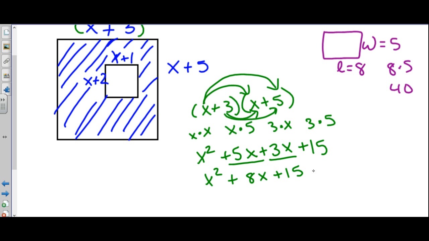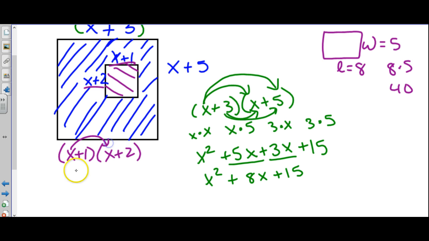Now that's not quite our final answer, because we don't want this little box. We want that area to go away. When we don't want something, usually we subtract it. We take it away. But first we have to find the area of that little box using its length and width. We have x plus 1 times x plus 2.